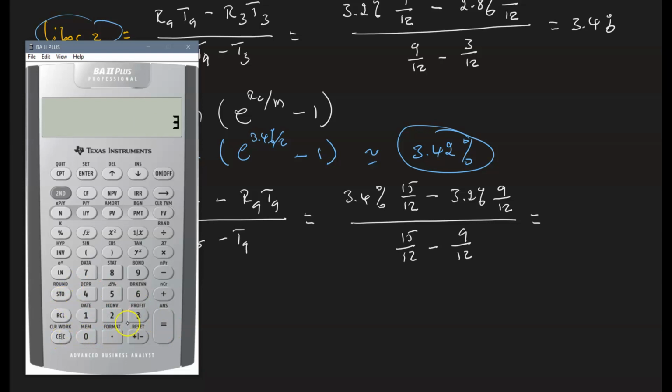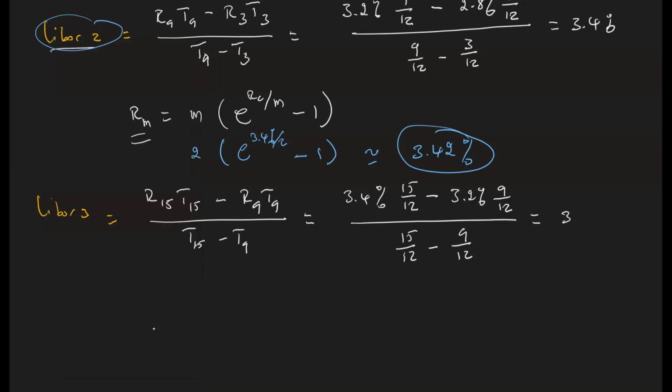I'm going to do 3.2% multiply by 9 divided by 12 equal. I'm going to store that in 2. Now 15 minus 9, that's 6 months, divided by 12, that's going to be 0.5. So I can recall 1 minus recall 2 equal, divide that by 0.5, and that's going to be equal to about 3.7%.